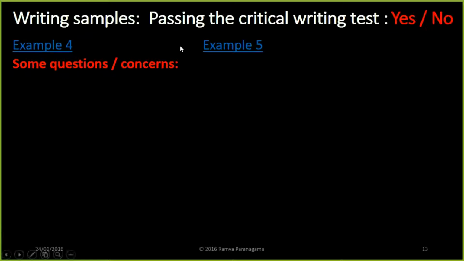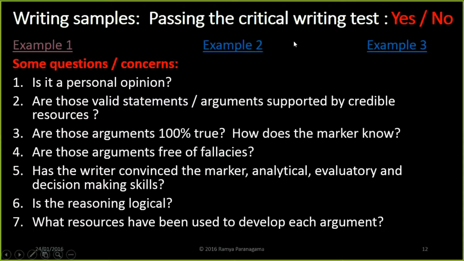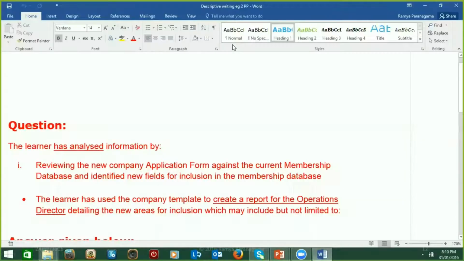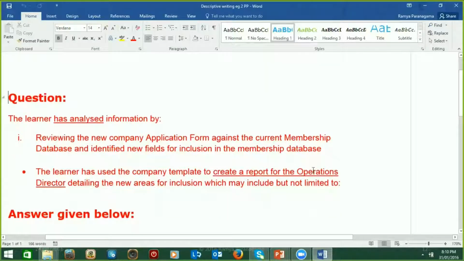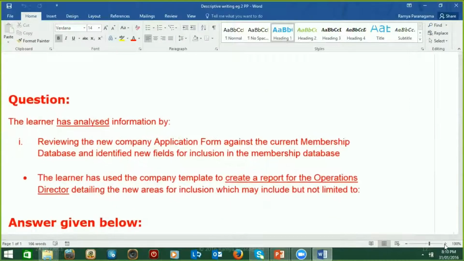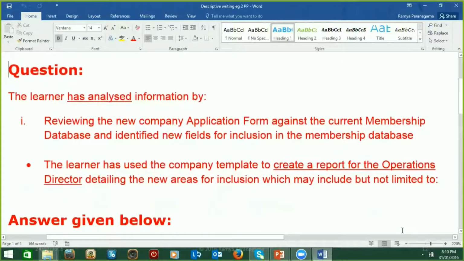Okay. Now what I'm going to do is get into example 2. We'll have a look at how example 2 writing is going to be. Here in this case, just look at this question. The question is written in red.